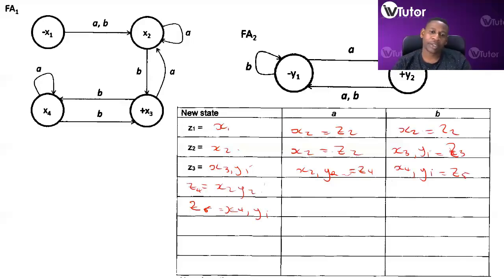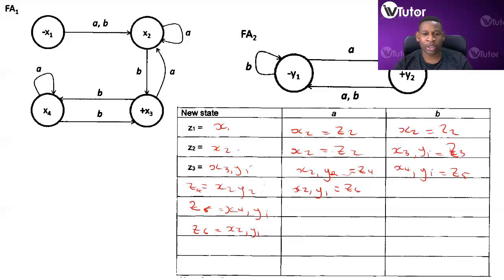Okay. And then we have X2 as well. If we've got X2 encountering A, you stay in X2, and Y2 encountering A, you go back to Y1, so X2 Y1. Do we already have X2 Y1? We do not. So this will be Z6, which is X2 Y1.